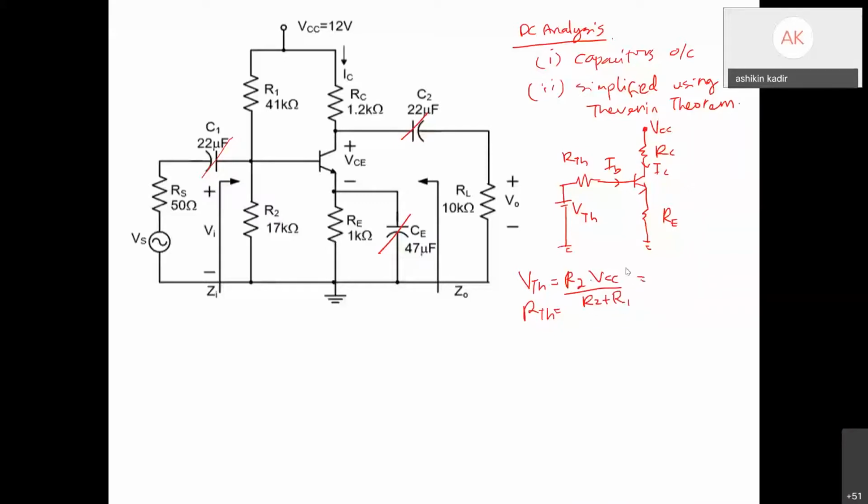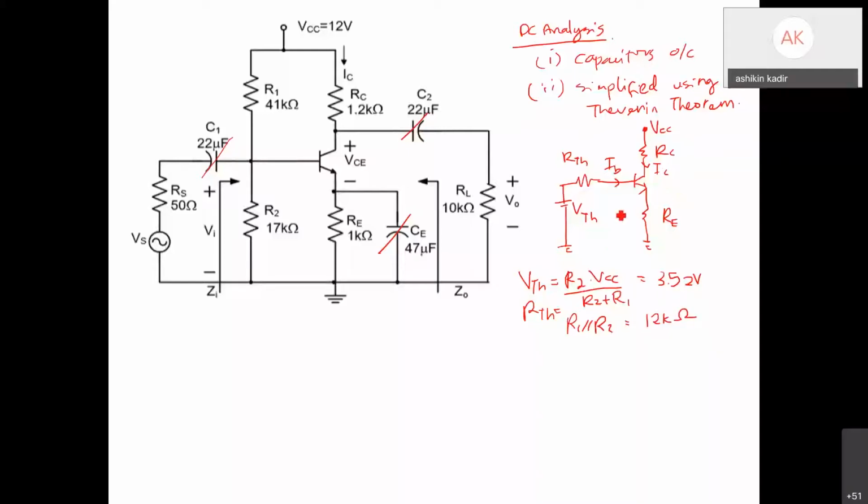Then RTH equals R1 parallel with R2. This one you need to press on your own calculator. VTH is 3.52 volt. RTH equals the parallel, 12 k ohm. Okay, so now you have your VTH and RTH.